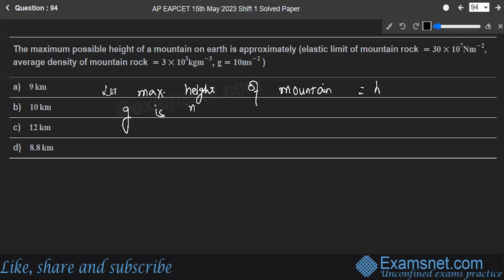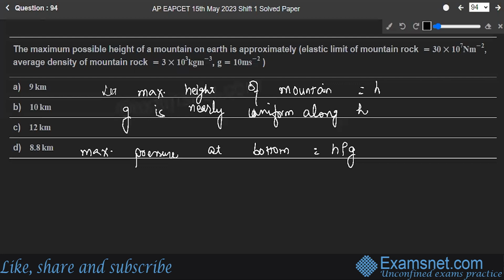g is nearly uniform along this edge. So the maximum pressure at the bottom is given by h rho g, where rho is the density of the mountain rock.